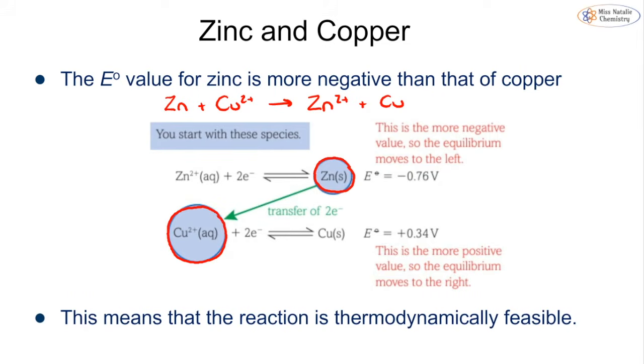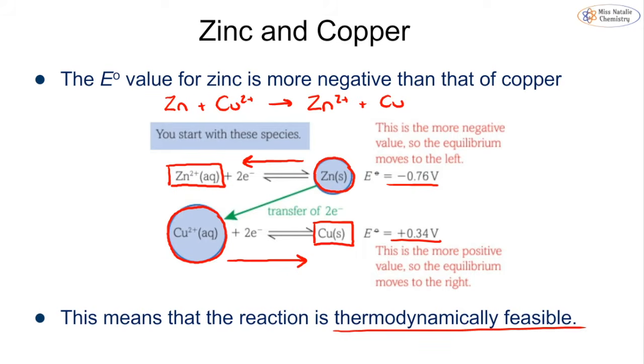Now we look at the values of the E0 to tell us the position of equilibrium and what way it prefers to move to. So the more negative value, remember, always moves to the left. So we are moving towards our zinc 2 plus product. And for the copper, because it's more positive, it always moves to the right, moving towards our copper product. So this particular reaction, because the equilibriums move in the way that we want them to go from the reactants to the products, is thermodynamically feasible.